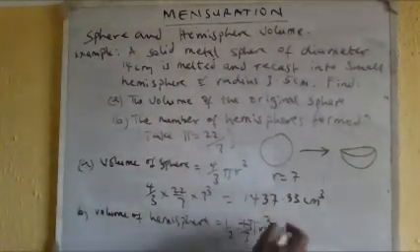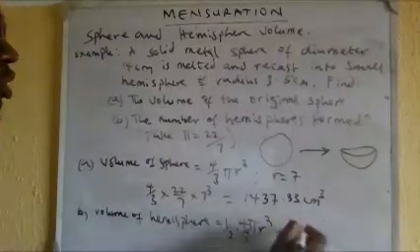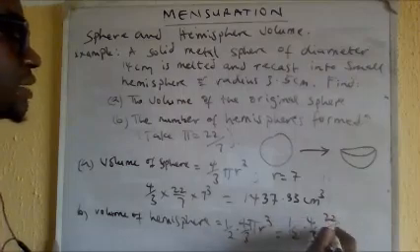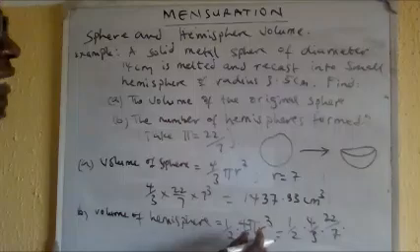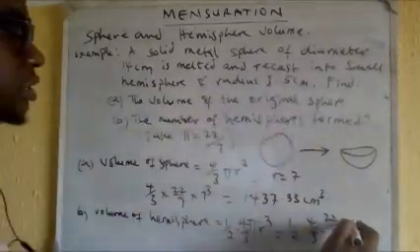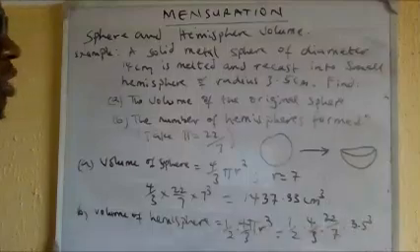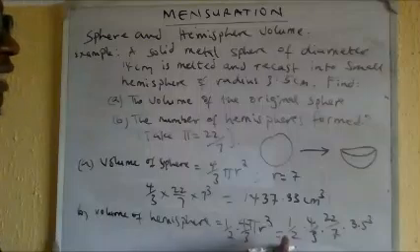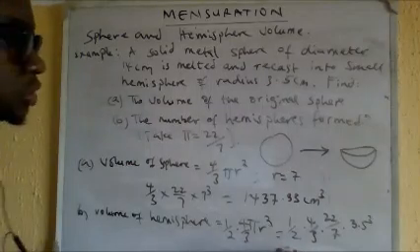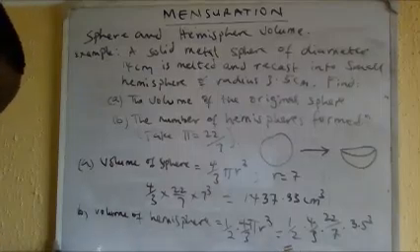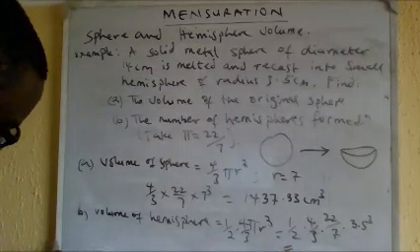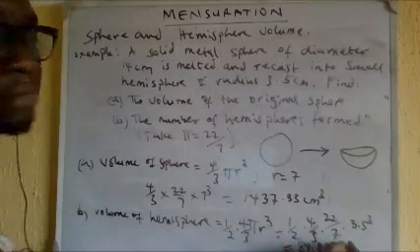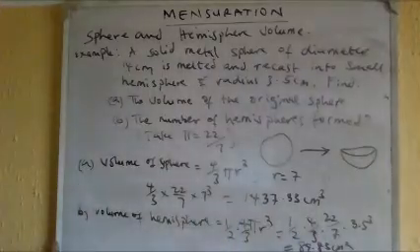By the time you put your values, 1/2 times 4/3 times 22/7 times the radius of the hemisphere, 3.5 cube, the answer is 89.83 cm cube.